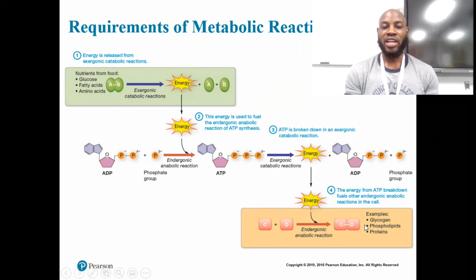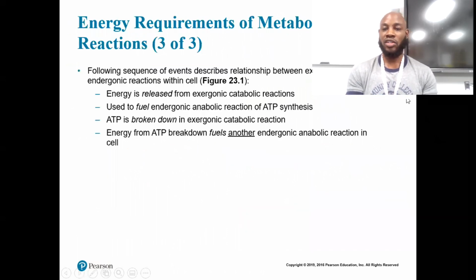All right, so these reactions are paired back and forth with each other: releasing energy, requiring energy, releasing energy, requiring energy. And that's how your body works. And this just kind of talks about what we just talked about on the previous slide.